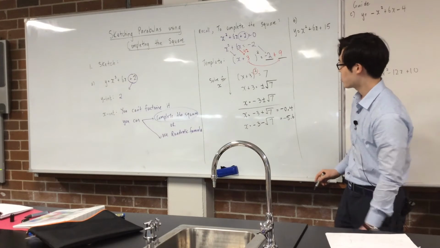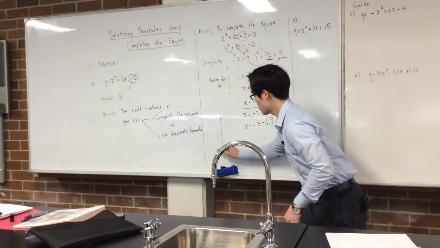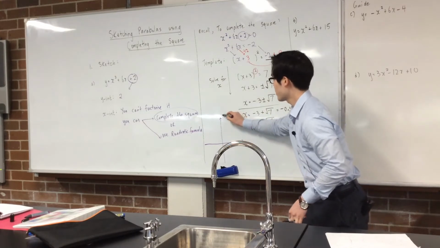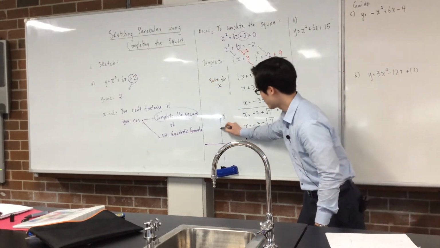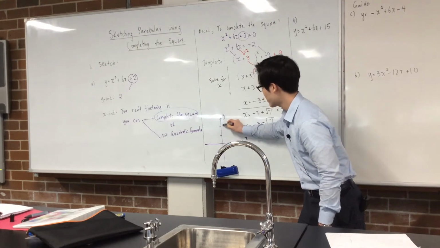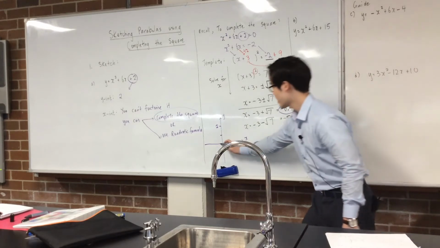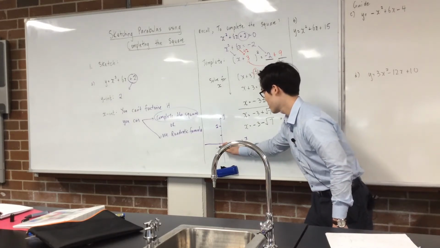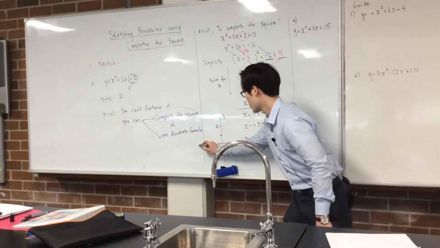All right? So I'll just do that quickly here in purple. So what's my y-intercept again? 2. So let's say this is my scale. So this is 2 there. Now I've got minus 0.4. That's about there. And then you've got minus 5.6, which is all the way.